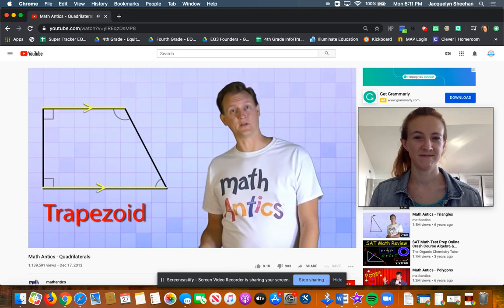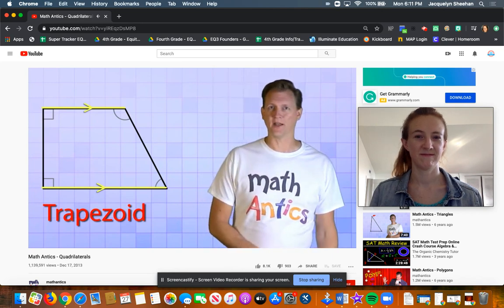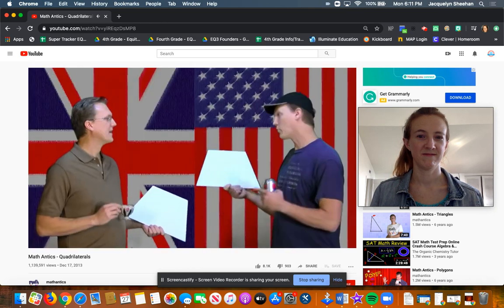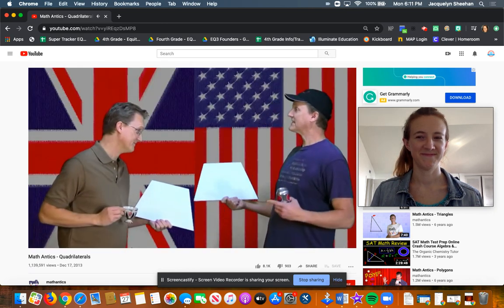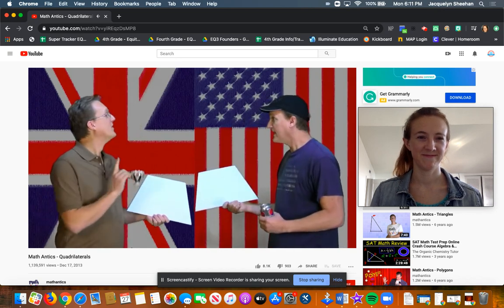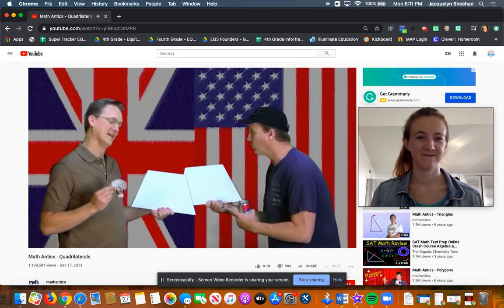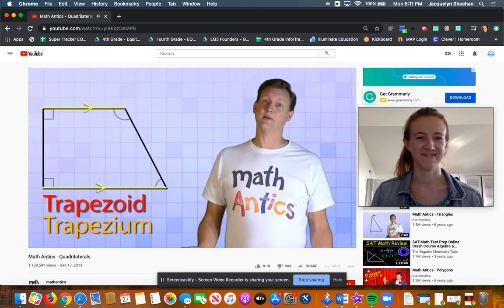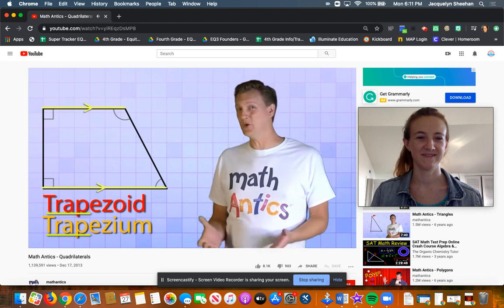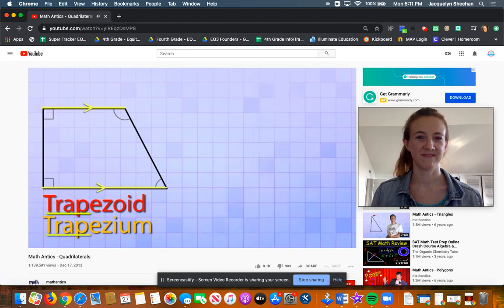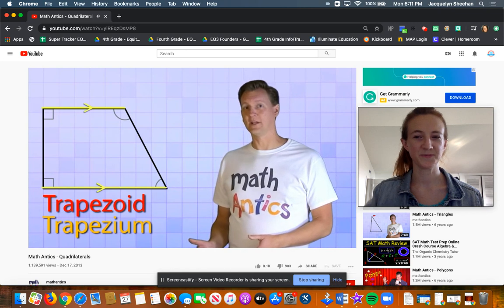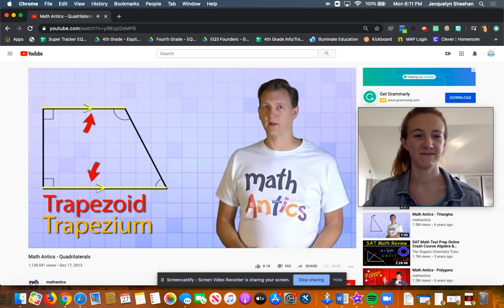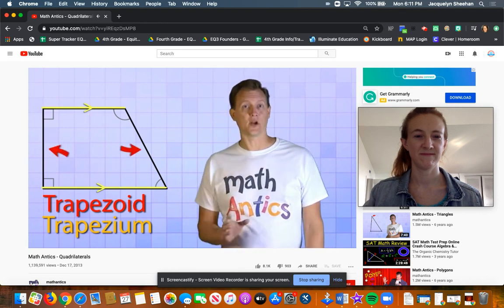And that's because this sort of shape is called a trapezoid in America, but it's called a trapezium in other countries, like the UK. Trapezoid, trapezium, trapezoid, trapezium. It's a trapezoid! Oh. At least they both start with the word trap, so it's not too confusing. Yet. Okay, so this quadrilateral is a trapezoid, or trapezium, because it has only one pair of parallel sides, and the other sides are not parallel.